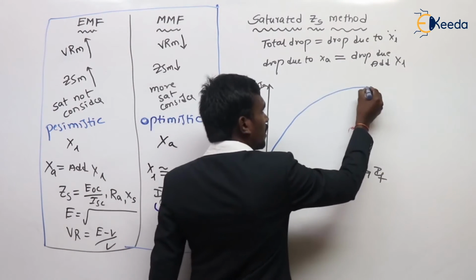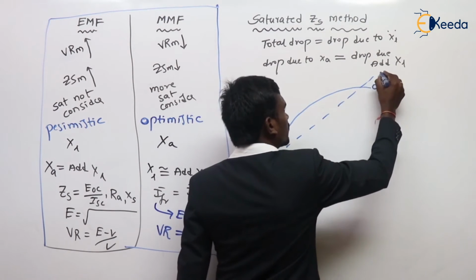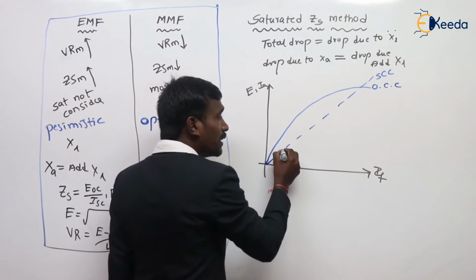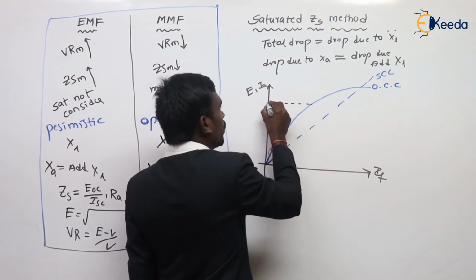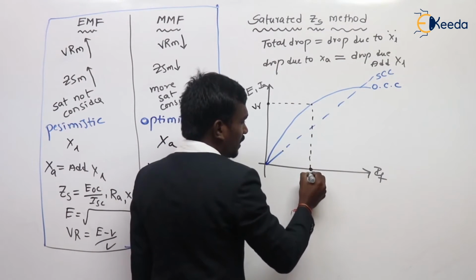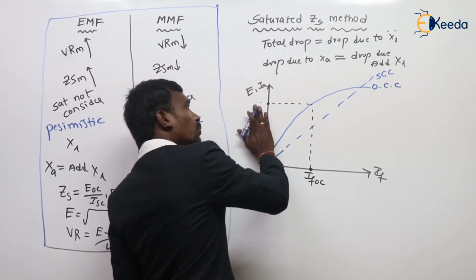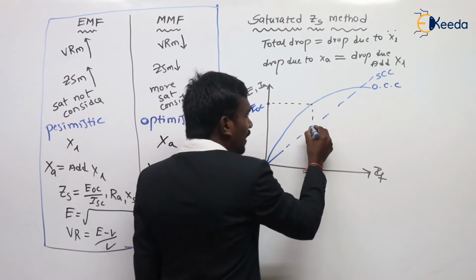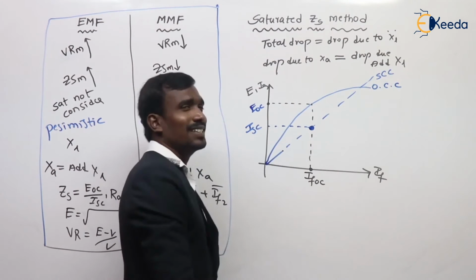The OCC characteristic is like this, and the SCC characteristic is like this. But here, for example, this is our rated voltage. Here the current is called IFOC. This rated voltage is taken as EOC and the corresponding short circuit current is taken as ISC.